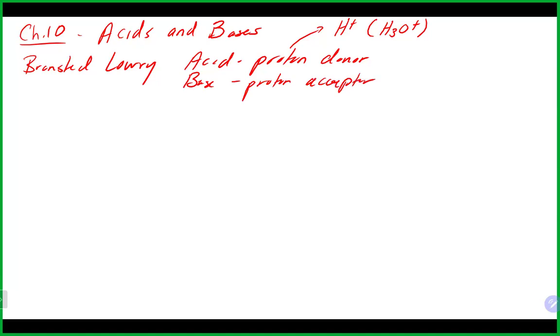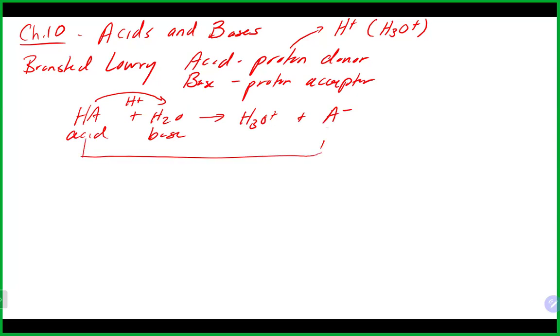And remember, this sort of gives rise to partners. So if this is our acid and water here acting as a base, it's going to send the H plus over to water. It will make H3O plus, and it will make a little A minus. And the acid on this side, its partner on the right-hand side is the conjugate base, while the base on the left-hand side, its partner on the right-hand side is the conjugate acid.